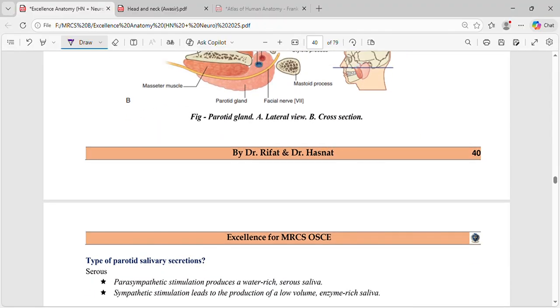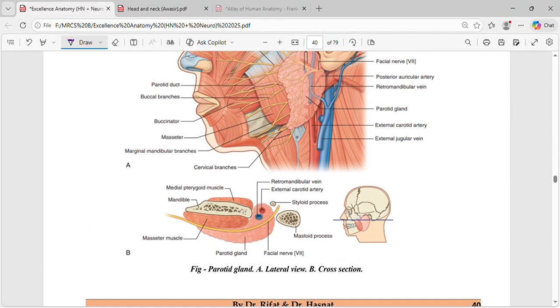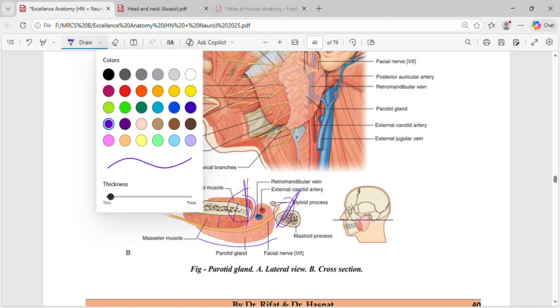So here you can see, this is the lateral surface of the gland, and this is the medial surface of the gland. The medial surface is divided into anterior medial and posterior medial. This is anterior medial and this is the posterior medial. So what is there?